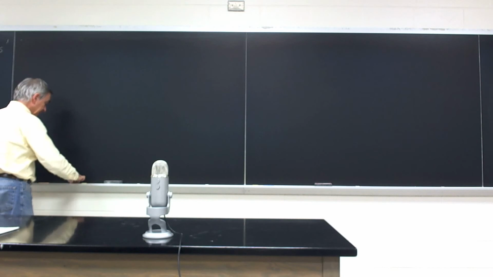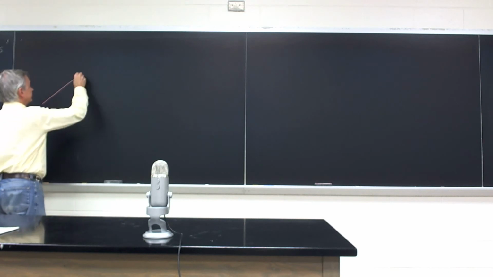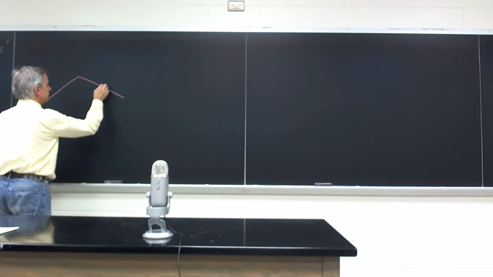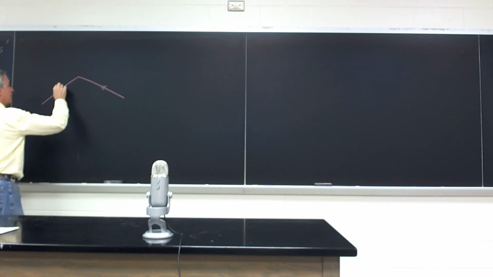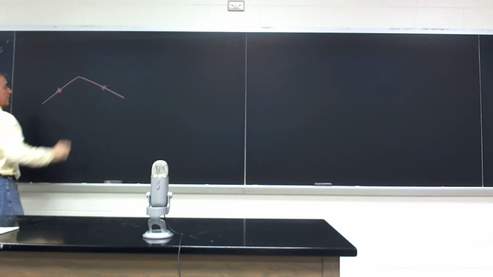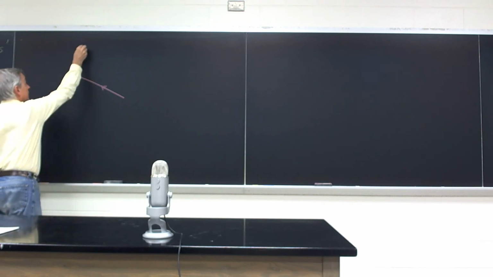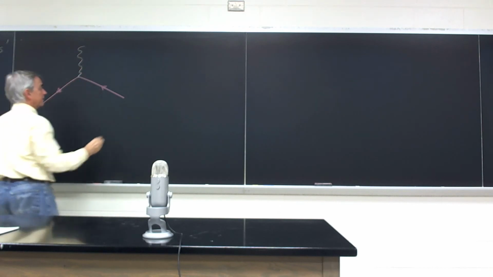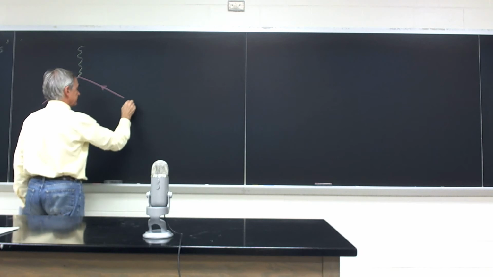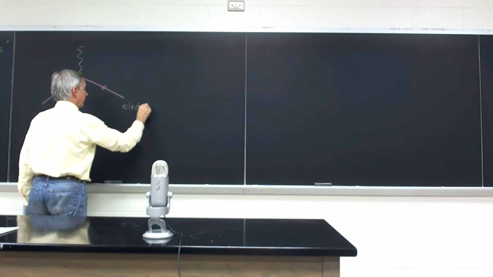So the diagram is, here comes an electron. She has mass and she has spin. And here comes a photon. Electron in.